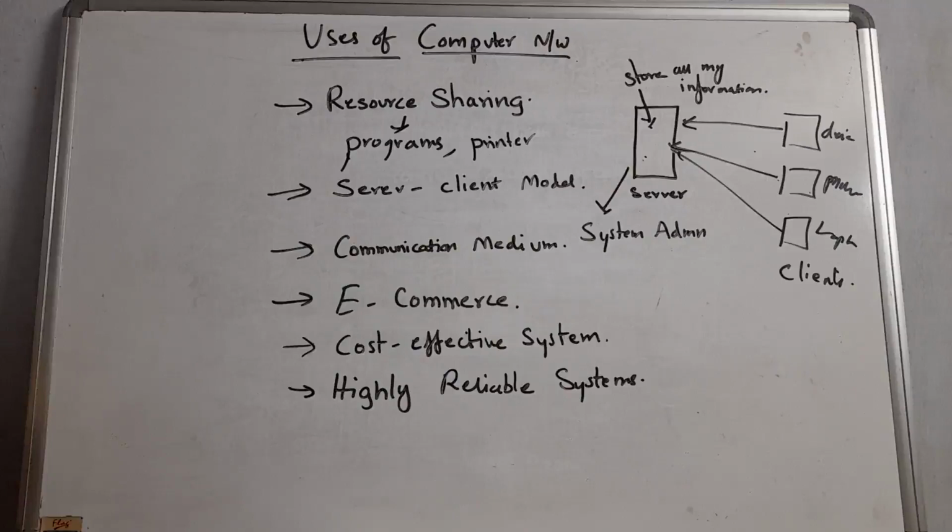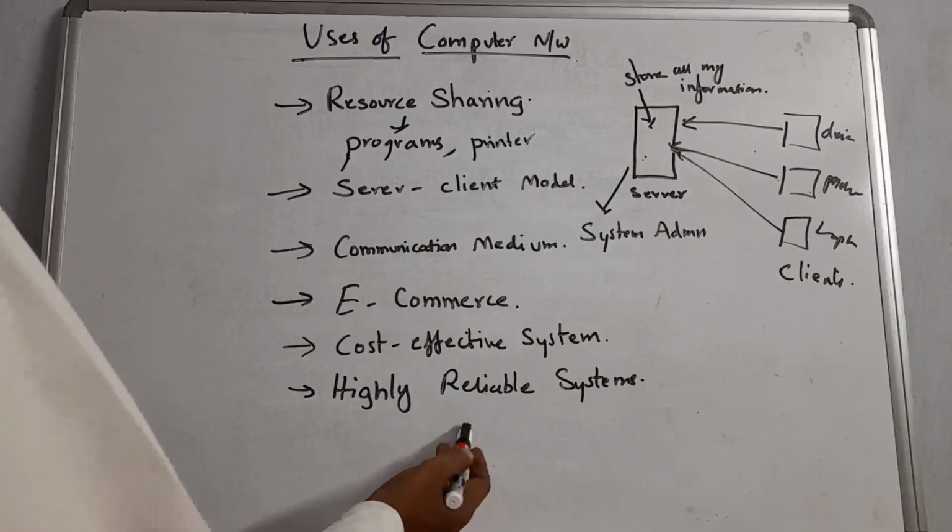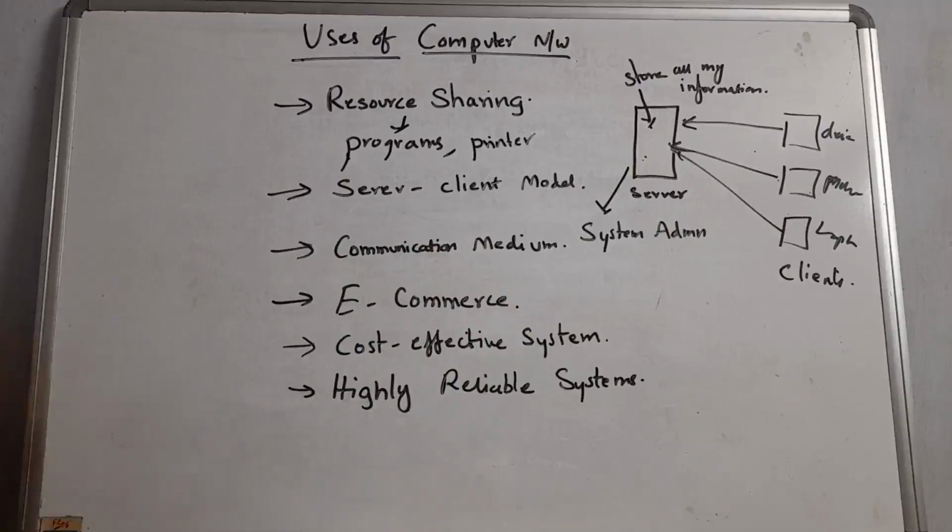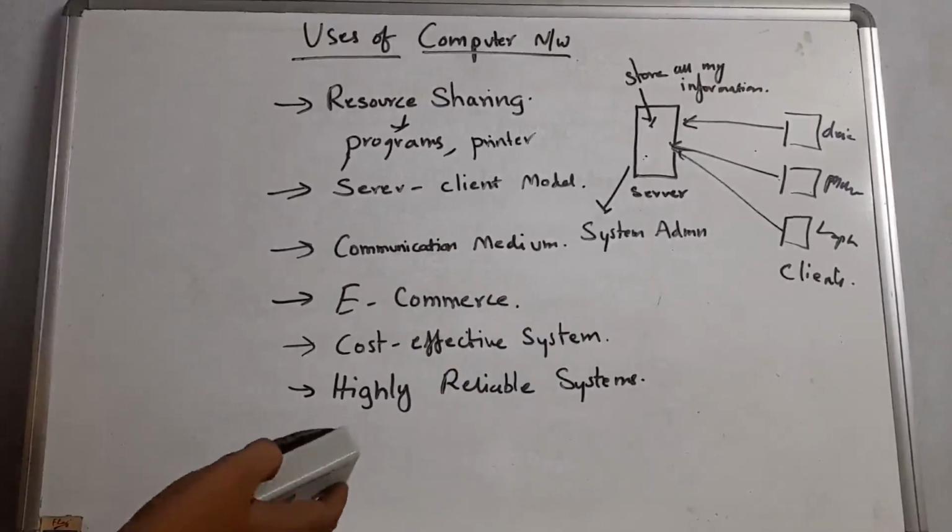This makes the system highly reliable. Suppose a failure occurs in one source, then the system will continue to function and the data will still be available from the other sources. So, all these are the uses of computer networks.